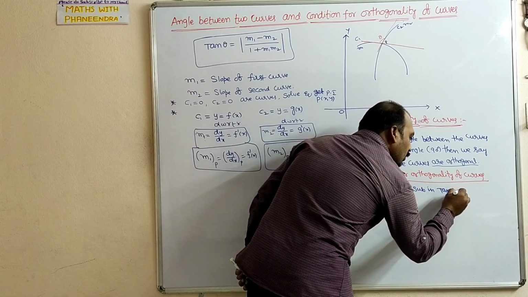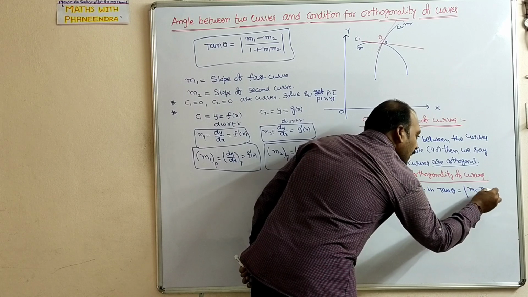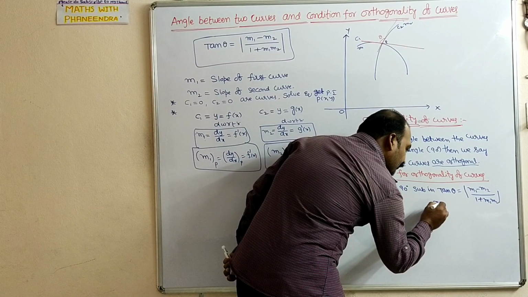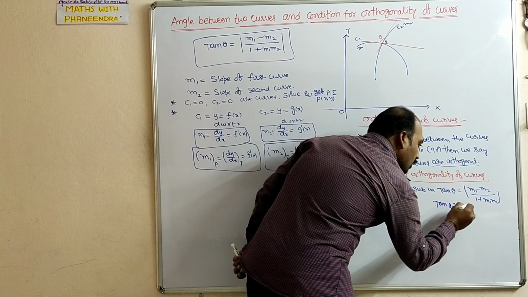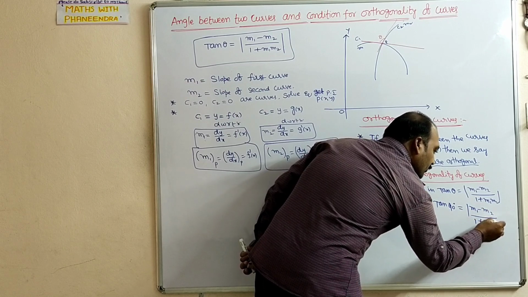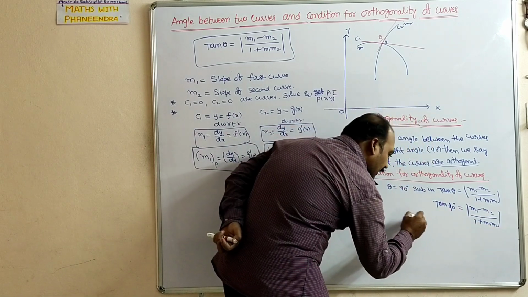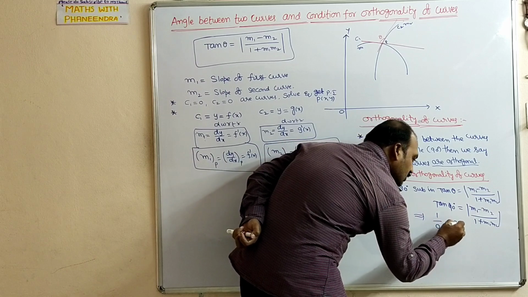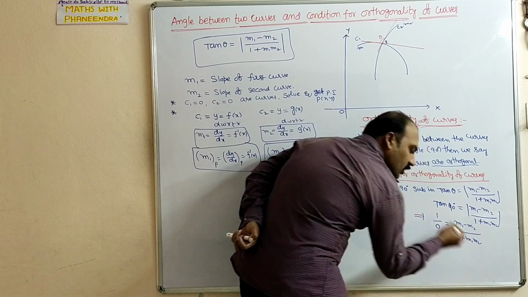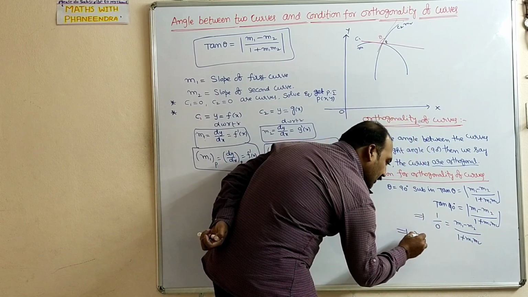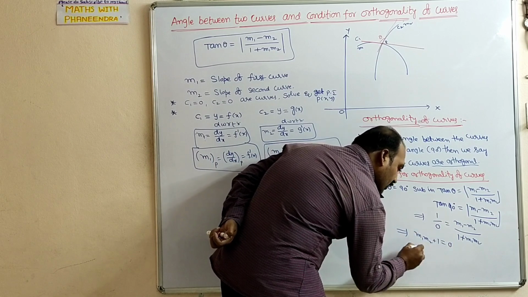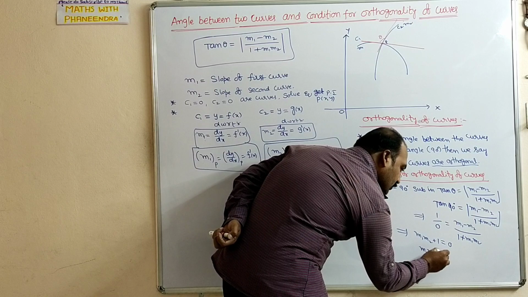Tan theta equals mod of m1 minus m2 by 1 plus m1 m2. Tan 90 equals m1 minus m2 by 1 plus m1 m2. Tan 90 is infinity, which we can write as anything by 0. So cross multiplying, we get 1 plus m1 m2 equal to 0. Therefore m1 m2 equals minus 1.